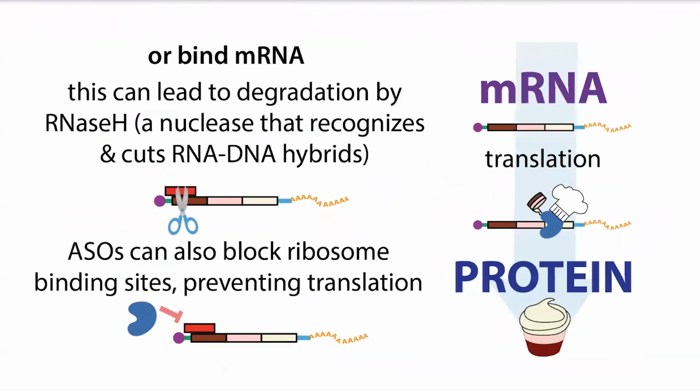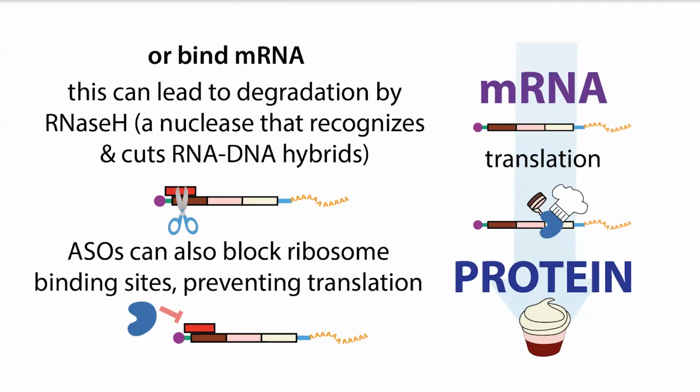But I'm going to start by focusing more on how we can use ASOs to target messenger RNAs, because this is the case you're probably going to hear the most about, and it can be used in the lab as well as in therapeutics, and it's a very growing area of research. It's also easier to explain than the splicing, so we'll get back to the splicing later.